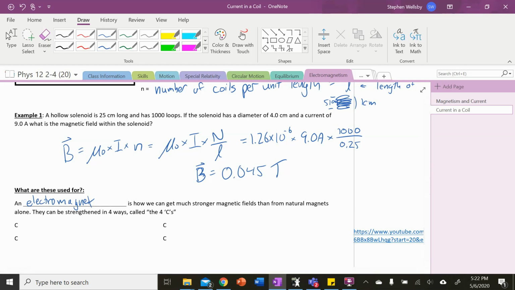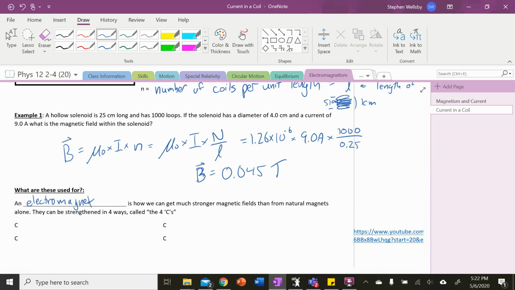So the strongest natural magnets you can get are neodymium magnets. They're called rare earth metal magnets. And the maximum strength you can get out of a neodymium magnet is around 1.4 Teslas. Now, if you're talking about electromagnets, they can run the range.